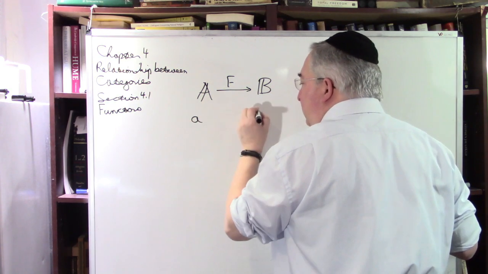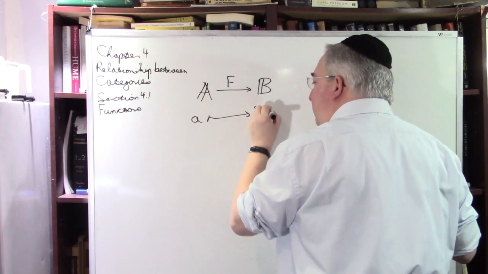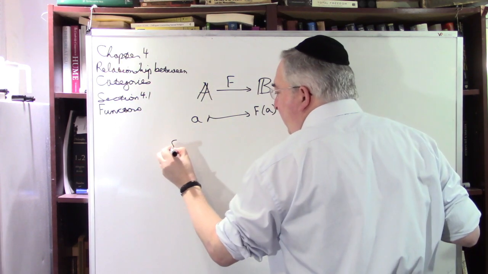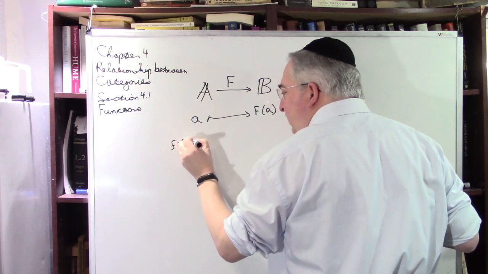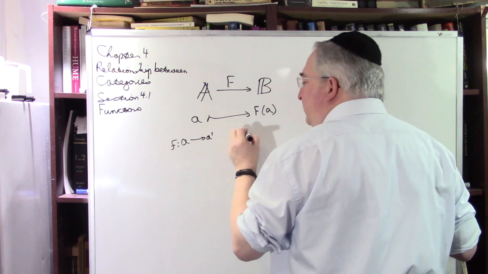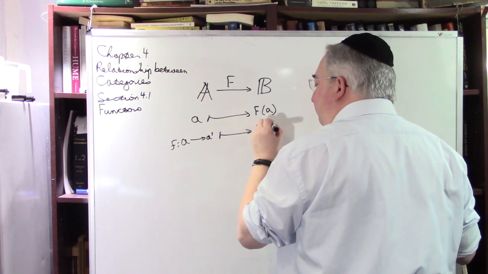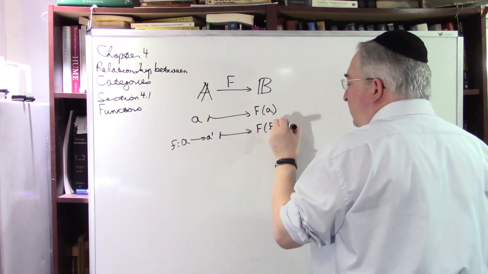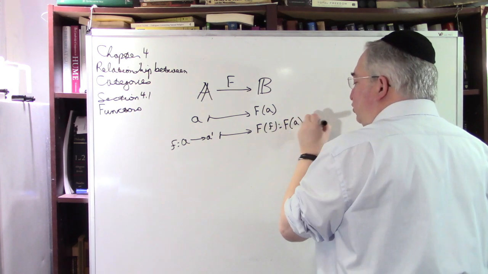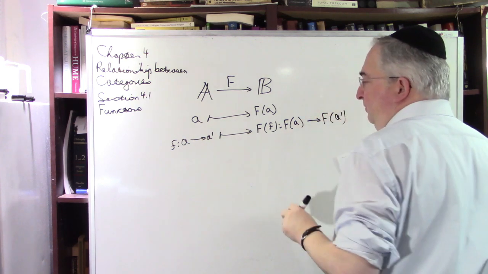For A in here, it's going to go to F(A), and for little f, which is a morphism from A to A prime, this is going to go to F(f), which goes from F(A) to F(A prime).